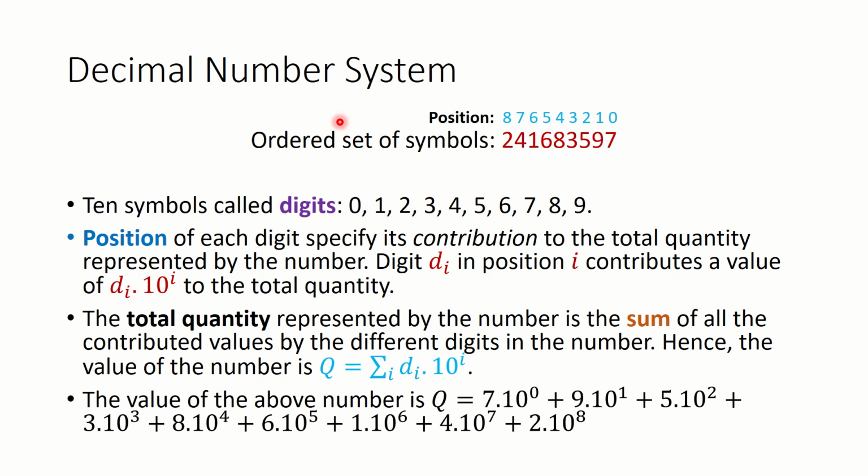Now, what do these positions represent? We are going ahead to understand how this number captures the information about the quantity or the value, how it is coded. This number is basically like a code which codifies the information about the value of something.